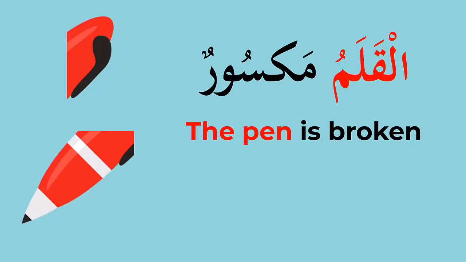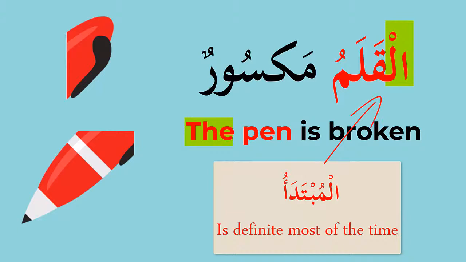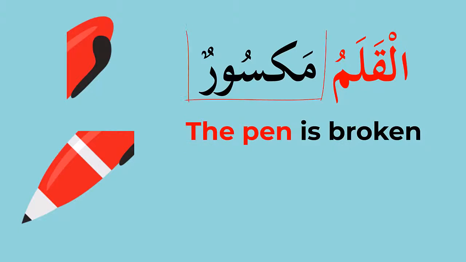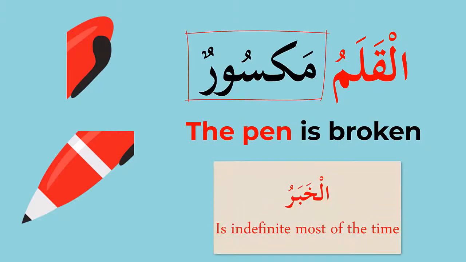You started with "the", which means you started with a definite noun. The mubtada will be most of the time definite. And then, brother, what about the khabar? Khabar will be most of the time indefinite.